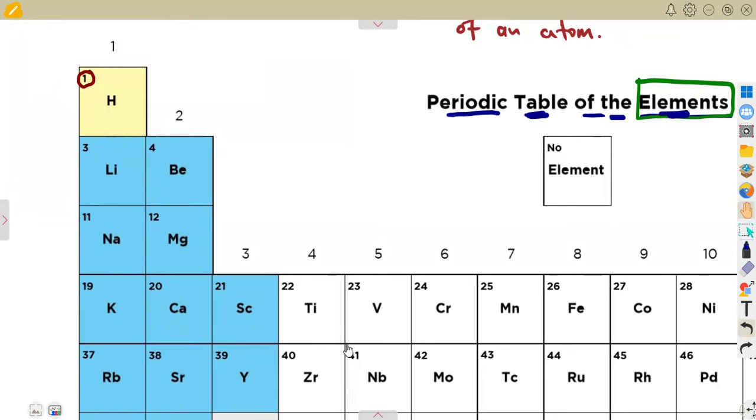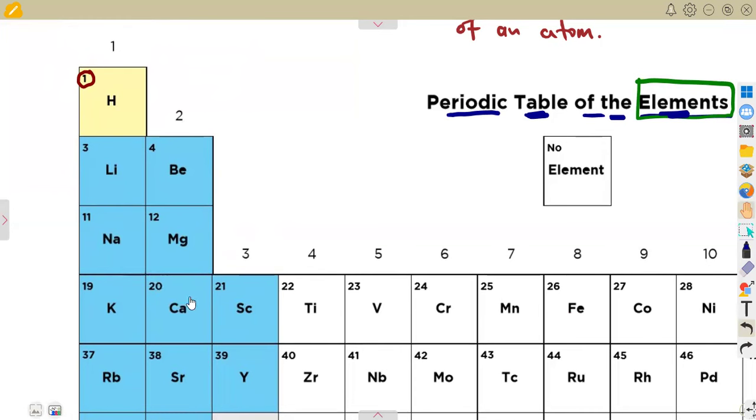They are not just given, where you take hydrogen, then put copper, gold, or whatever you want there. No, it's not like that. So how are these elements presented on the periodic table?